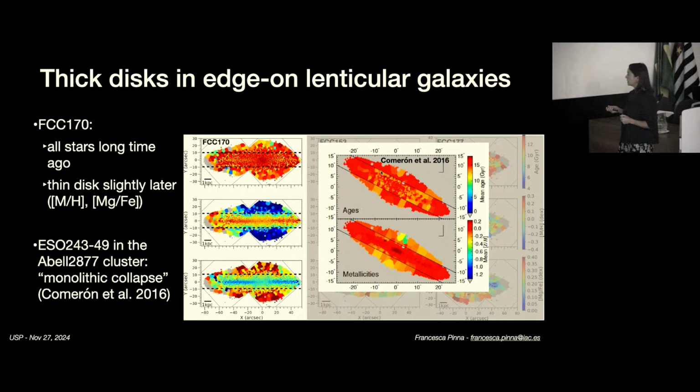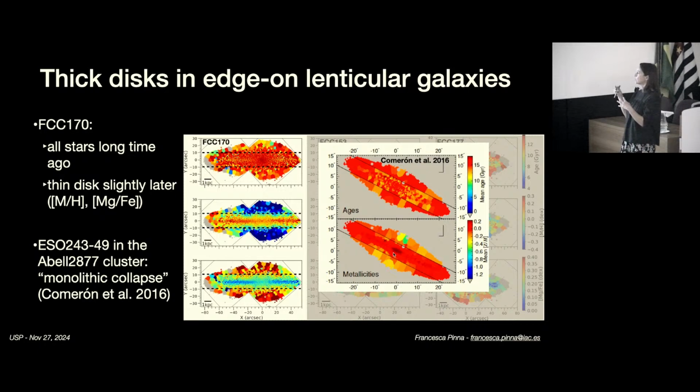Sorry about that. These black lines are identifying the transition between the thin and the thick disk. And they also found some differences in metallicity. Here the color scale is not the same, so that's why we don't see the same difference in color that we see in my maps. But they have lower metallicities in the thick disk than in the thin disk.